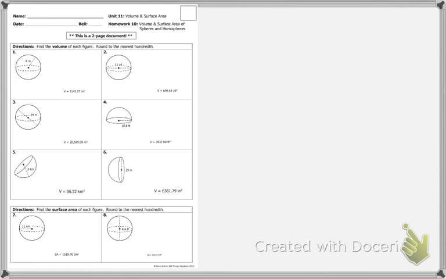For number 3, it's very similar to number 2. Notice how in number 2, they give you the diameter of that great circle, which means it's the hemisphere cut. You have the diameter of your sphere, so what you need to do is find the radius.